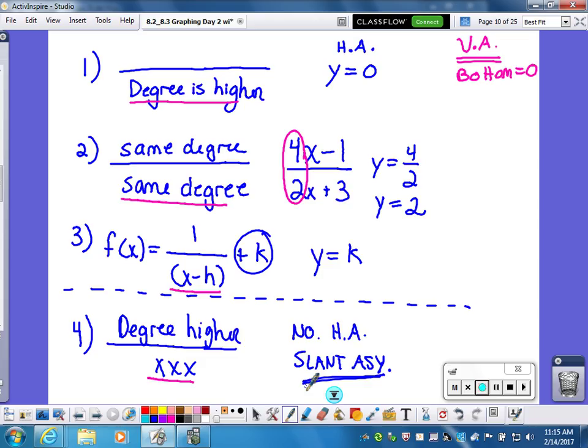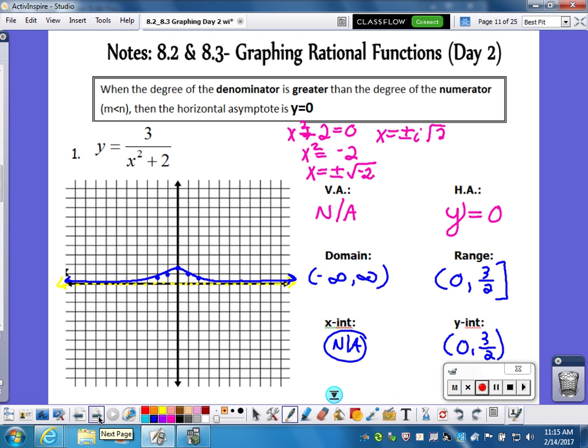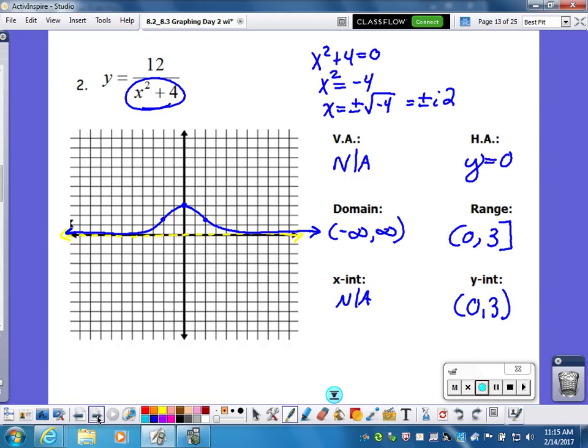Now, it does not matter what situation, 1, 2, 3, or 4, that we're in, the vertical asymptote always comes from the denominator. Always where the denominator equals 0. So today, we did show you a special case where we did not have vertical asymptotes. That's like number 1. And number 2 did not have a vertical asymptote because when we set the bottom equal to 0, we got x squared equal to a negative number.